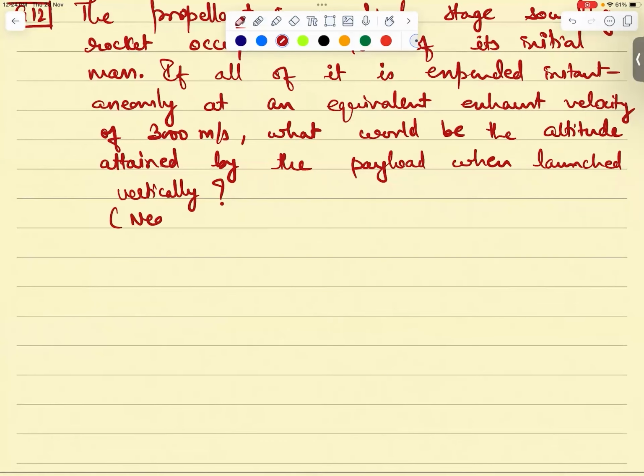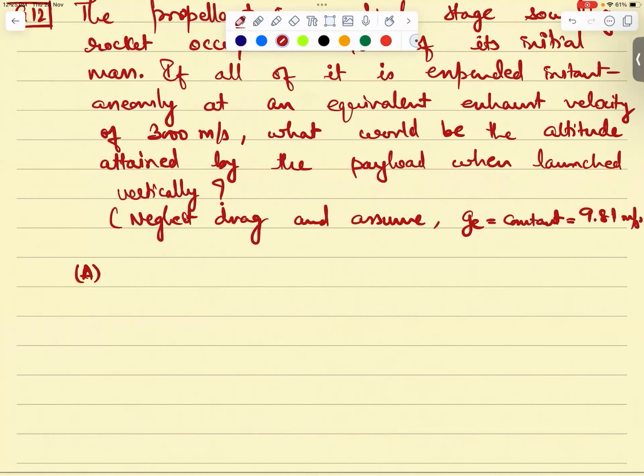In bracket you write neglect drag and assume g equal to constant, and that is equal to 9.81 meter per second square. Option A 315 kilometers, option B 335 kilometers, option C 365 kilometers, option D 385 kilometers.